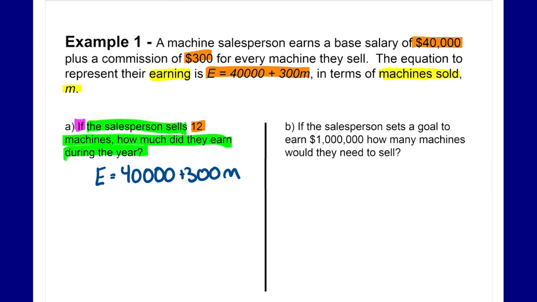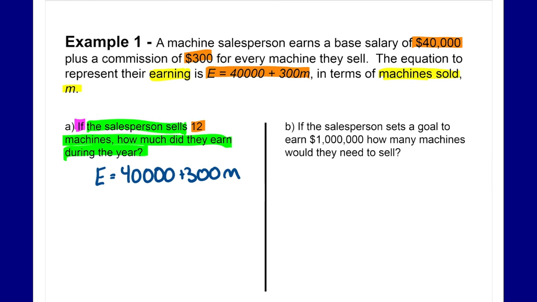Now the next step we said was that we're probably going to have to replace one of our variables. I have two unknowns, E and M. I can't solve an equation for one or the other because I would still have a missing piece. So this is where substituting a value in becomes necessary. What am I going to replace? Well, the question asks, how much did they earn?